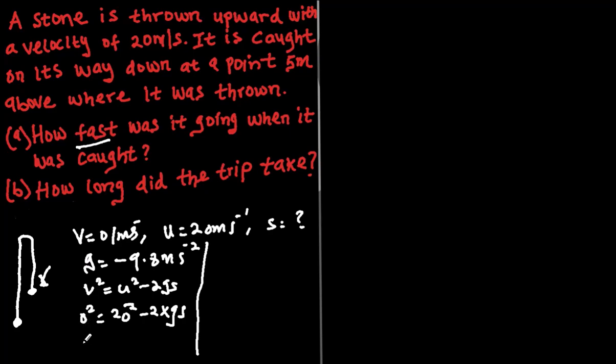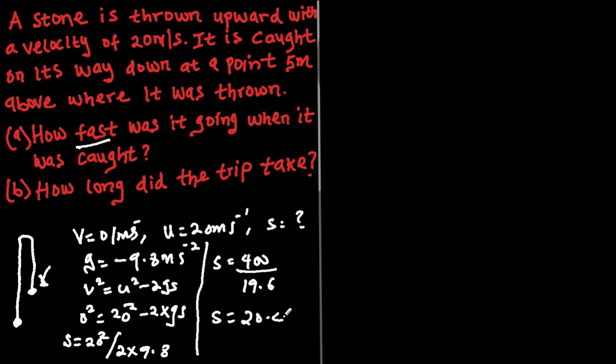Since 0 squared is 0, that means our s is going to equal 20 squared over 2 times 9.8. Now s is going to equal 400 over 19.6. If you press your calculator, 400 divided by 19.6 is going to give us 20.41 meters. So the maximum height attained by this object is 20.41 meters.